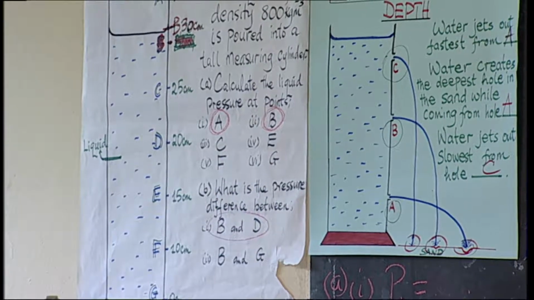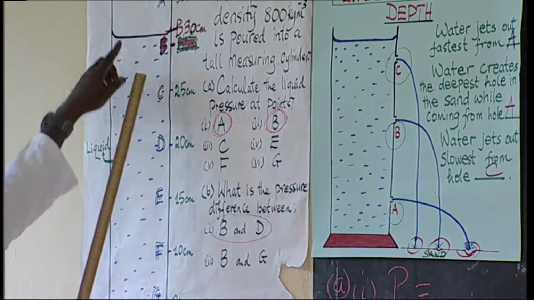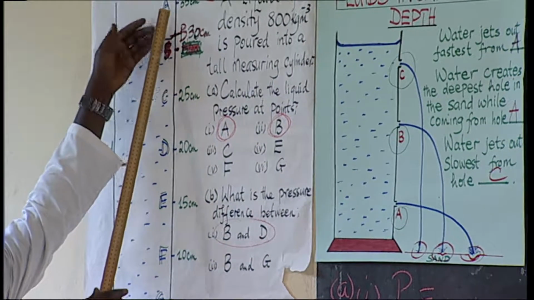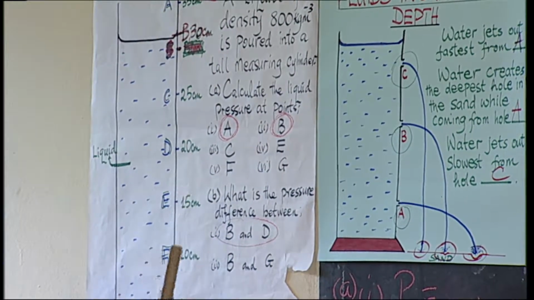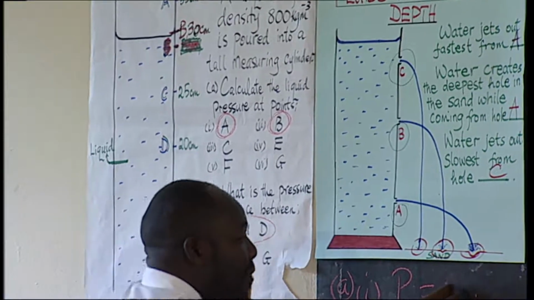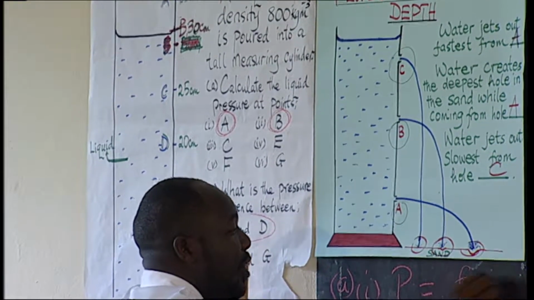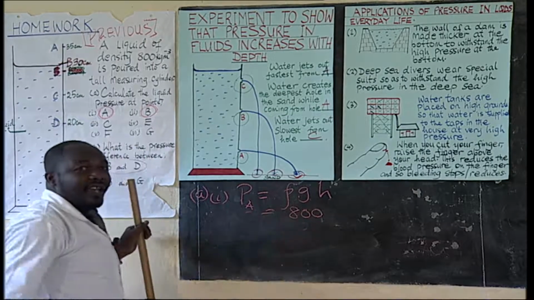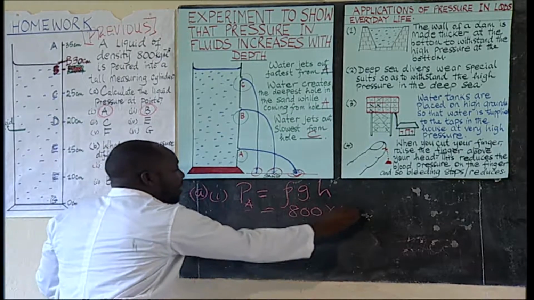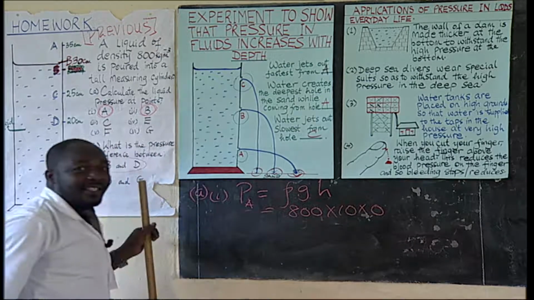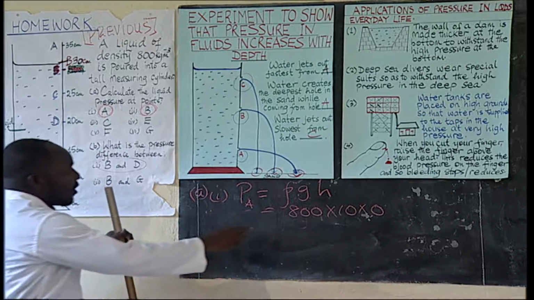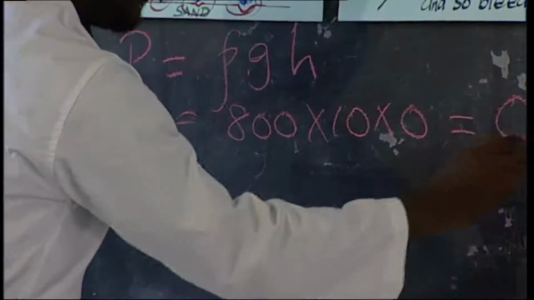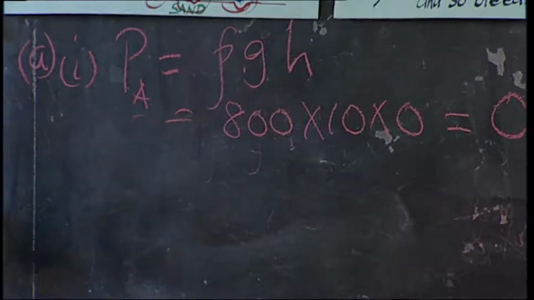So beginning with pressure at A, remember A is above the liquid, and we have not entered inside the liquid. So that means h is 0. So from the formula, pressure is ρgh. Our ρ, which is density, is 800, times g, which is 10, and h, which is what? 0. So if you multiply anything by 0, you can see we have 0 Pascal.